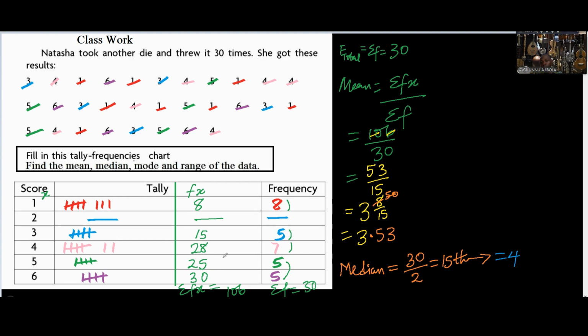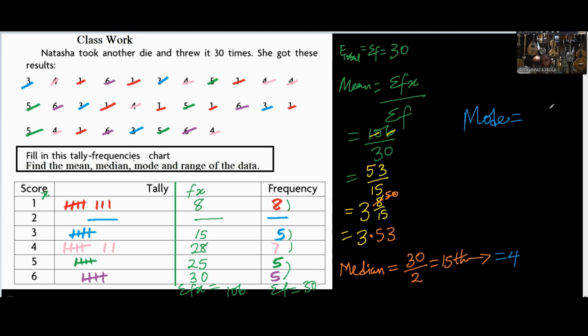That's the halfway. Then the mode is simply the one with the highest frequency. So what's our mode from the table here? Our mode is, wait, 8, 5, 7, 5.